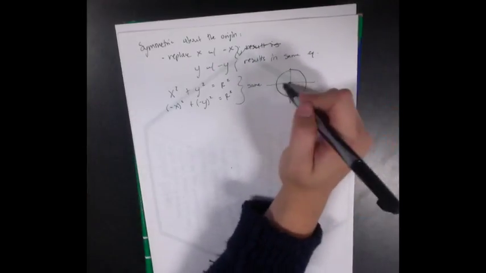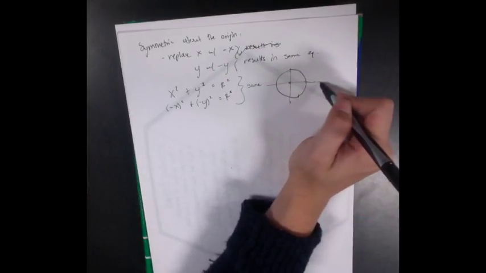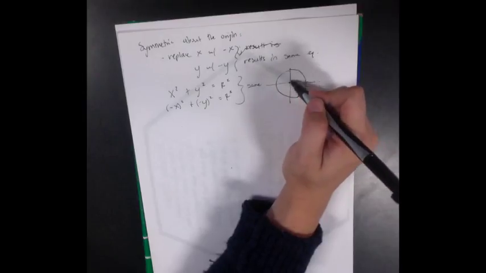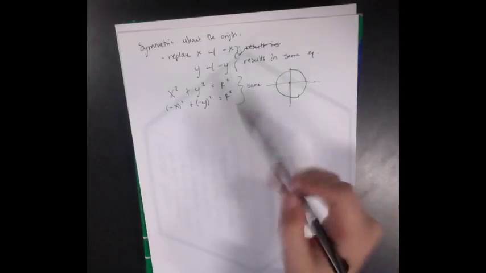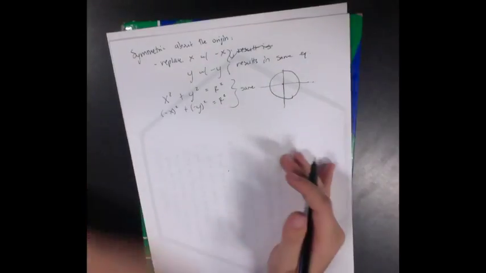Meaning if I folded a paper along the x-axis, it would fold on top of itself, or if I folded my paper along the y-axis, it would fold on top of itself. These are the main graphs we're going to look at right now, and we'll do examples with those in just a minute. That's the main symmetry we're talking about.